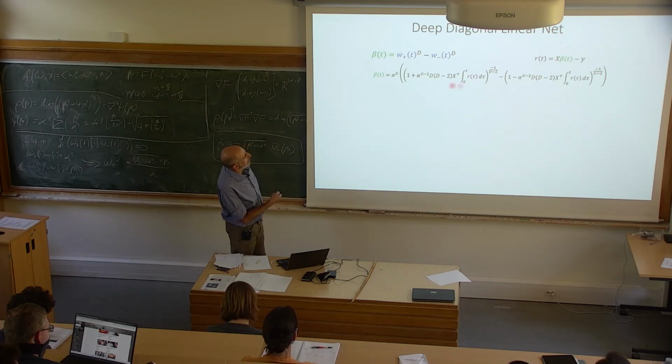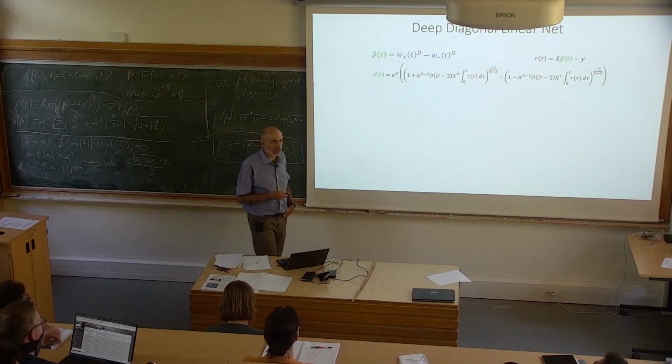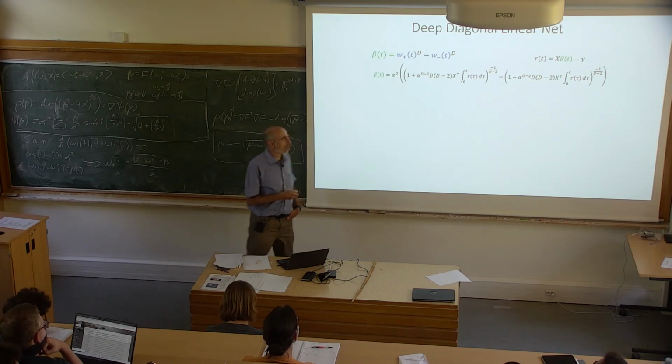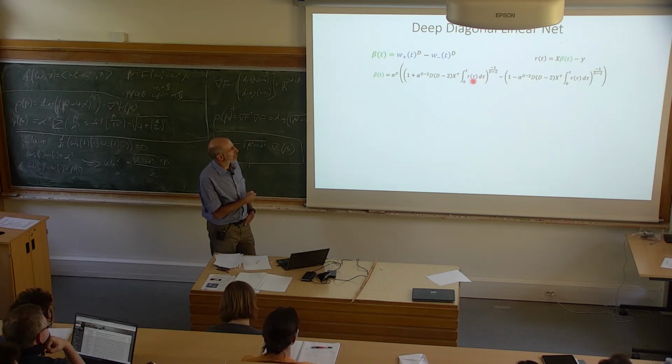This is just a solution to, in this case, a polynomial differential equation, which Mathematica is happy to solve for me. The details here are not important. The only thing important is, again, beta is always some function of the integral of the residuals.